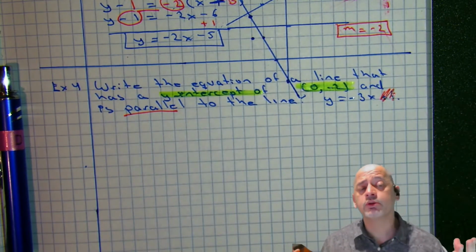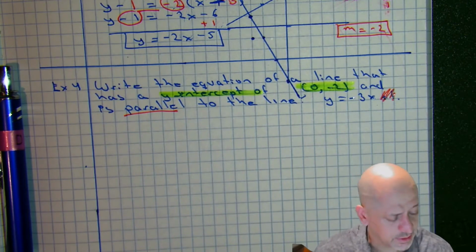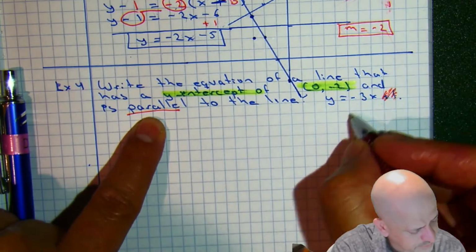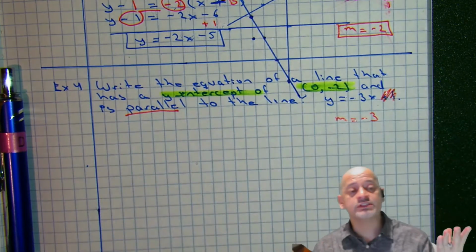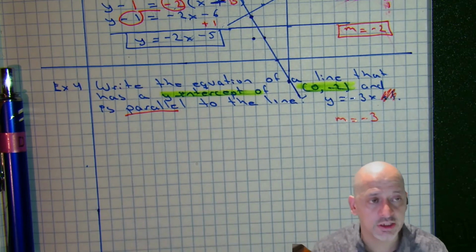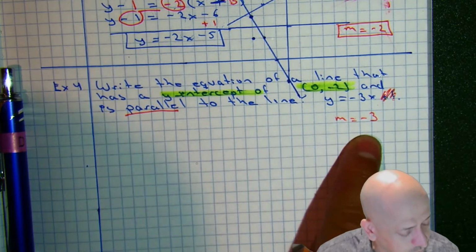It might help us to graph it, just like we did in example number 3, but that's about it. So it's parallel, so my slope for this line is -3. What is the slope for the new line? Correct. The slope for the new line is also -3, because parallel lines have exactly the same slope.